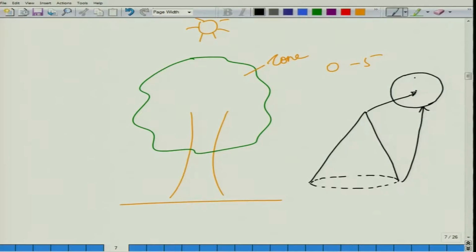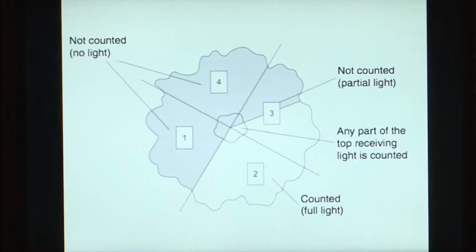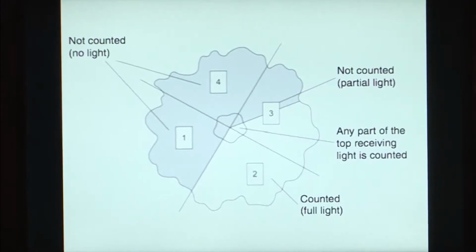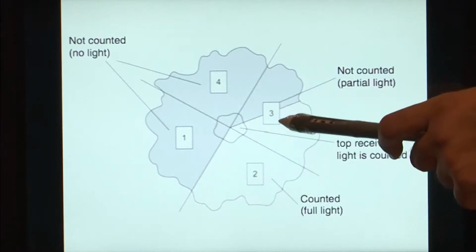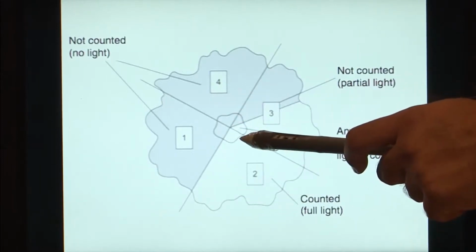Now we divide it into 5 parts. So these are the 4 parts, and the 5th part is this vertex. Now coming back to the slides. Here, when the sun is overhead, we have divided the tree into 5 parts, 1, 2, 3, 4, and this is the 5th part.